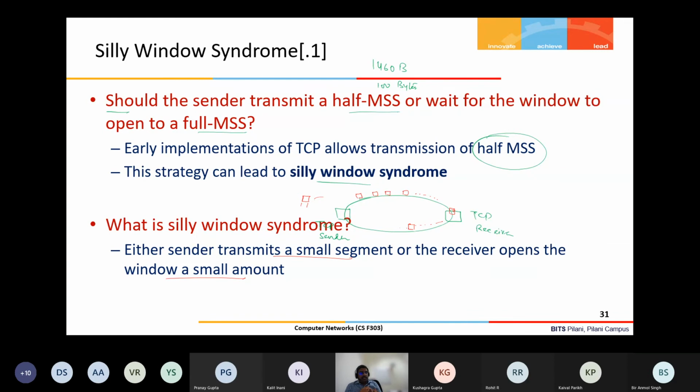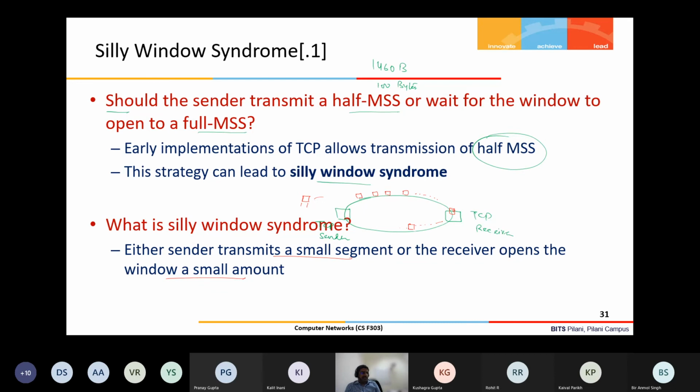The sender cannot send more than that. Another reason is that the sender itself is transmitting small segments. Why is it sending them? Maybe the application itself is generating data infrequently, and only small data, and the sender doesn't know how long it should wait for a larger chunk. Otherwise it will delay, and that problem will be there. Or maybe sometimes applications use the push flag to push the data immediately.